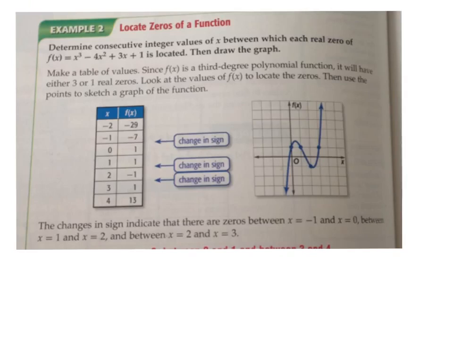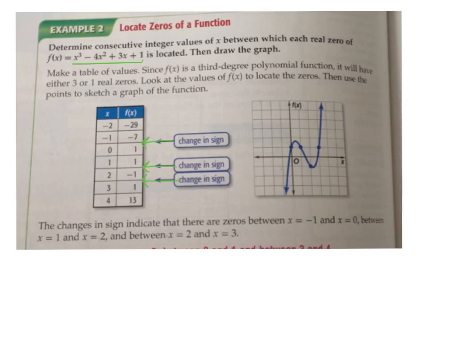So example 2 says locate the zeros of a function. They tell you that it is a third-degree equation. So when you look at your table, again, right here you see a change from negative to positive, from positive to negative, from negative to positive, indicating 3 zeros, which tell you that you have a pretty complete graph of the function.